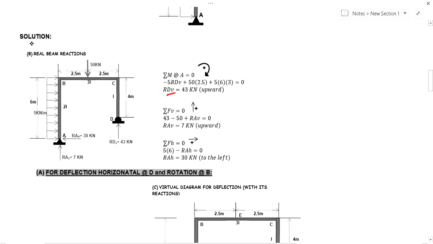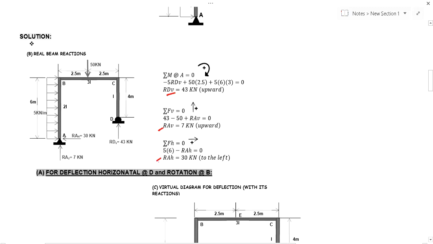If you take the summation of vertical forces, we can solve the vertical reaction of A, which is upward 7. And if you take the summation of horizontal forces, we get the horizontal reaction at A.